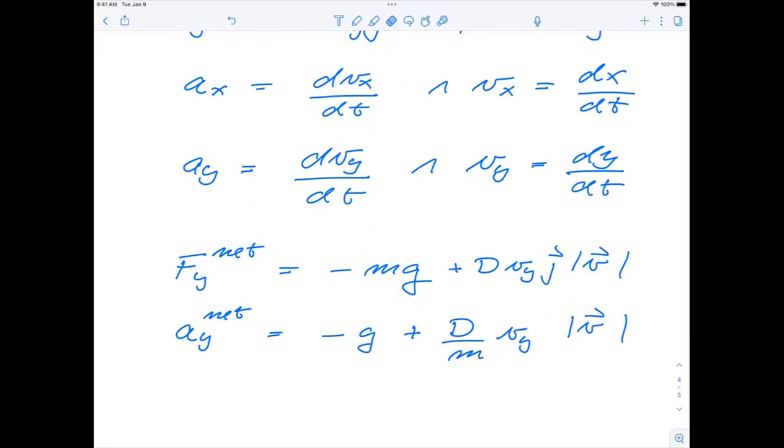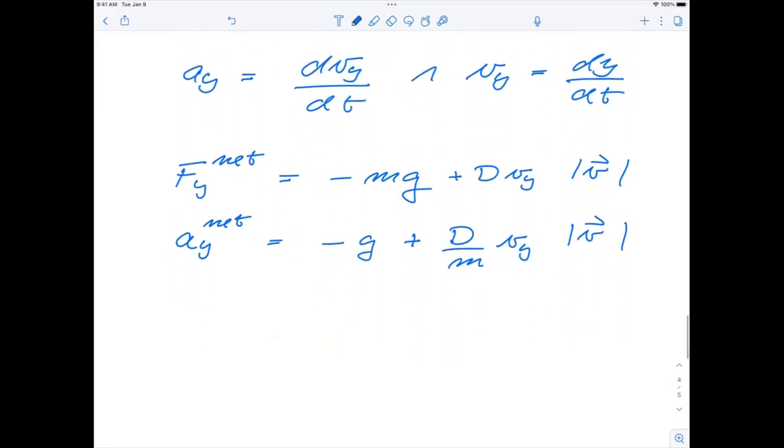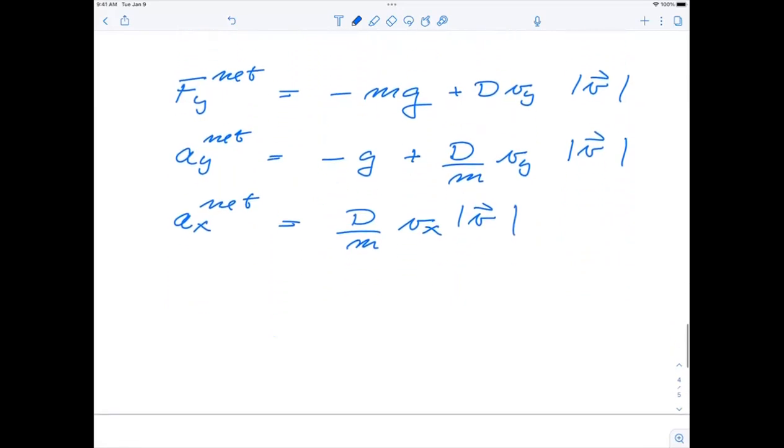So I should take that one away because that's the force in the y direction. And then I would have a similar one in the x direction. Ax net is simply now going to be given by this quantity d divided by m times v of x times v. So let's now look at the differential equations which we have.